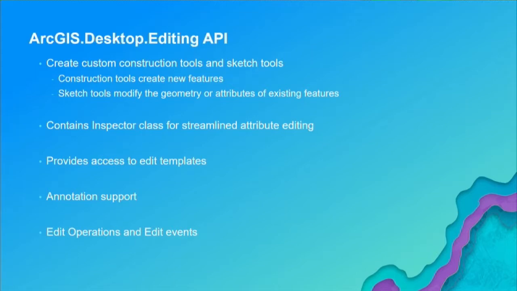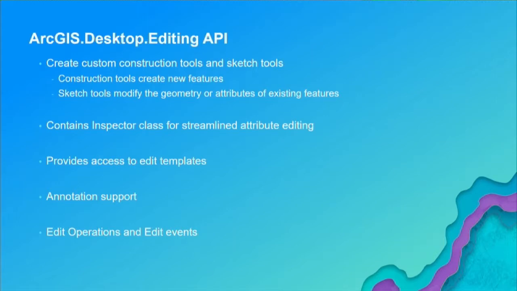And overall in that namespace we also find the edit operations and the edit events. We're not going to talk too much about edit events. Those are covered in tomorrow's sessions where we're going into more advanced topics. Well, not us, but colleagues of ours.